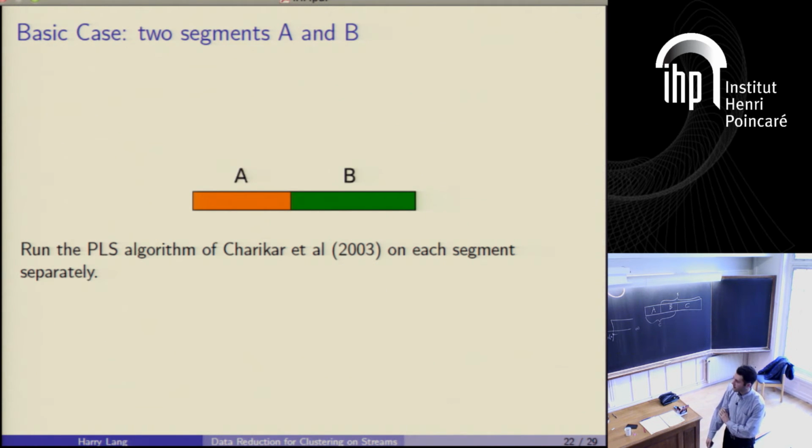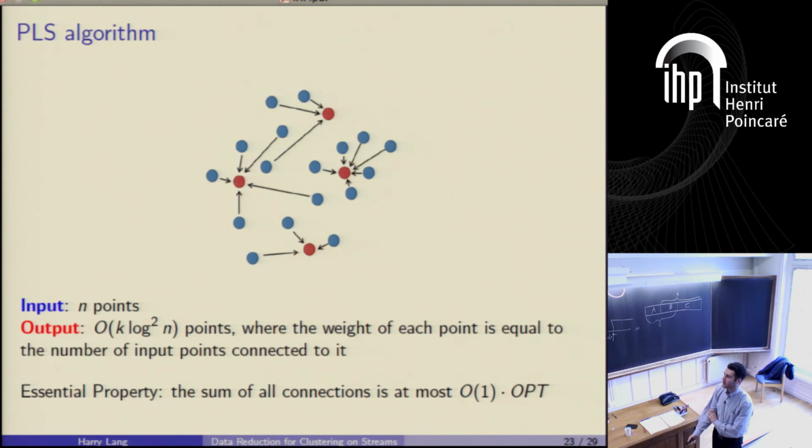So the basic case is to just keep two segments, A and B. There's this Pls algorithm, which does the following. I'm going to run it on each segment separately. Pls takes an input of n points, say these blue points.